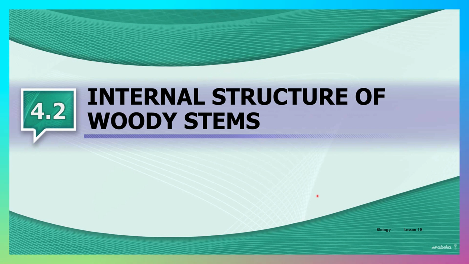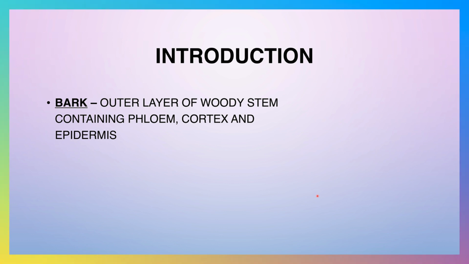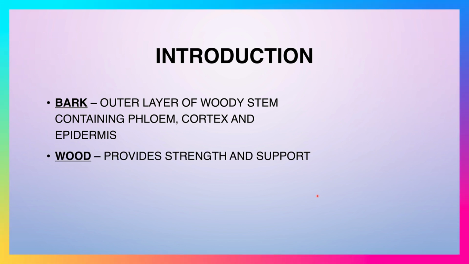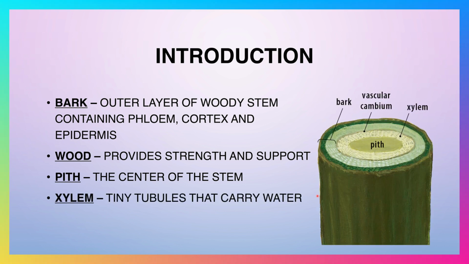Now let's take a look at the internal structure of the woody stem. The outermost part of a woody stem is called the bark, and it contains the phloem, the cortex, and the epidermis. Inside the bark is the wood, which provides strength and support, and then in the center of the stem is the pith, which is the center part of the stem.